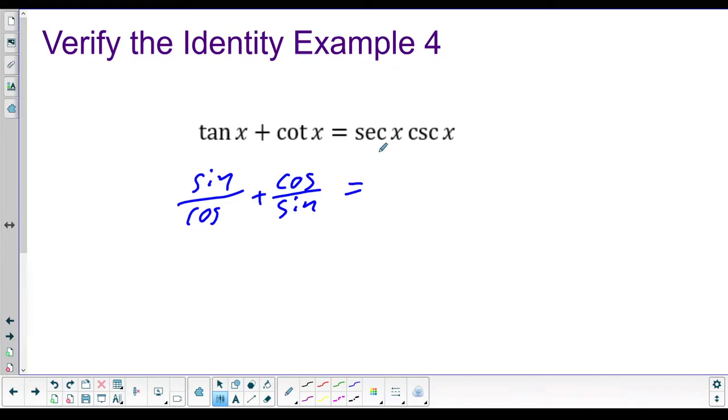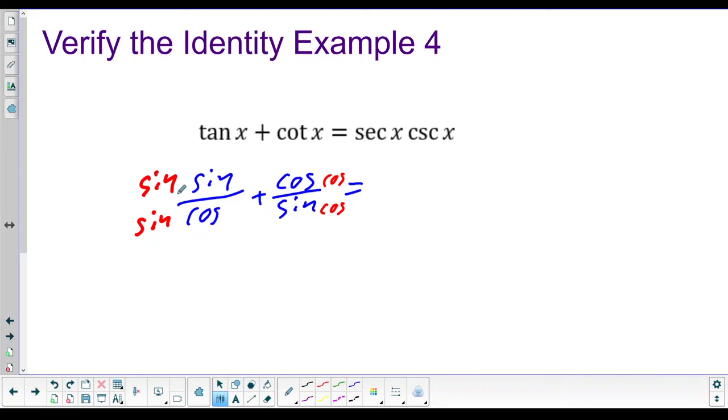We'll worry about that later. Now, we have two things. We're trying to turn them into one thing. So let's go ahead and get a common denominator just like we did last time, and this will be a lot easier. So this side, we're going to multiply by sine. So we're going to do sine and sine. This side, I've got the sine on the bottom. I need the cosine. So we're going to do cosine and cosine.